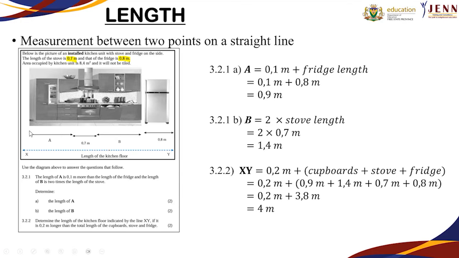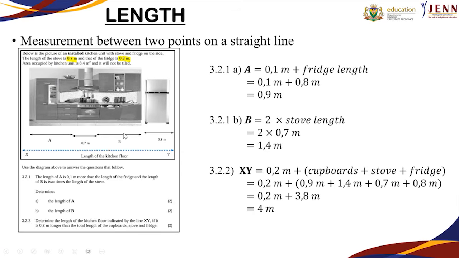And then I can see on A, starting from where the kitchen unit starts, all the way before I get to the stove, that is length A, okay? Then we get to the stove, and they already told us in the scenario that the stove is 0.7 meters.